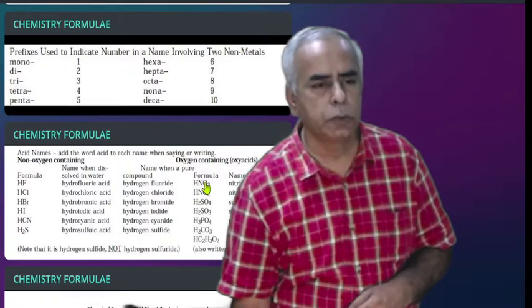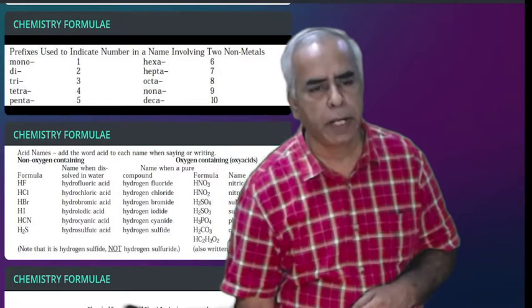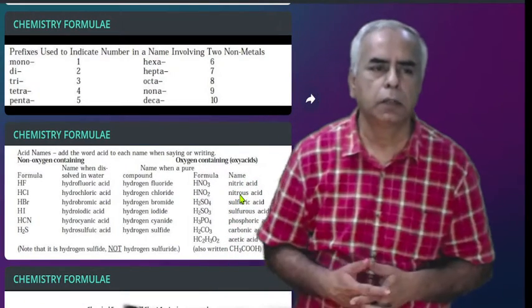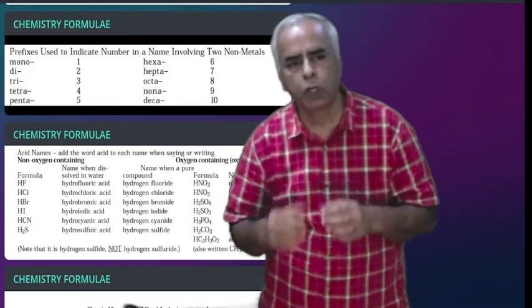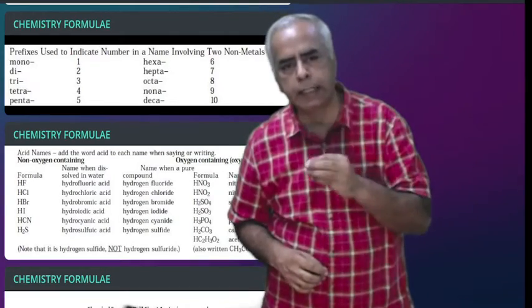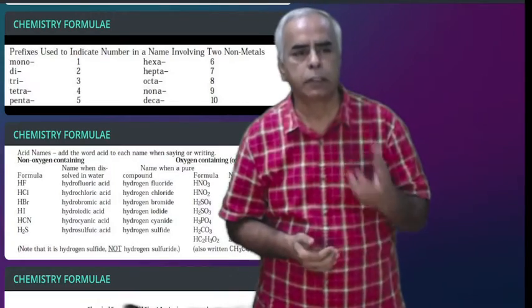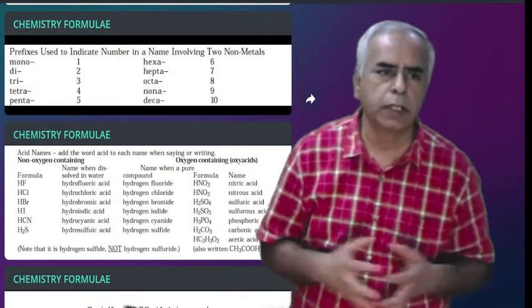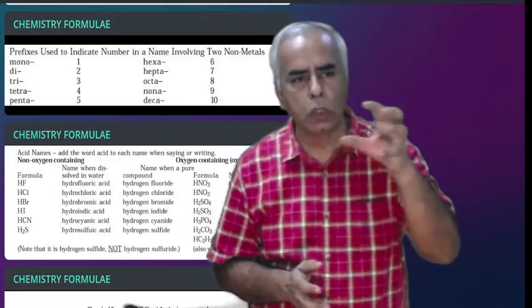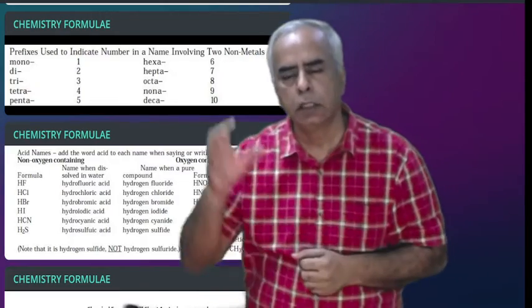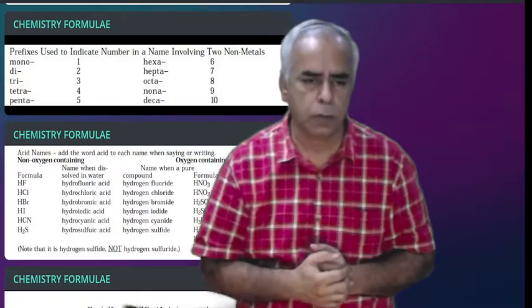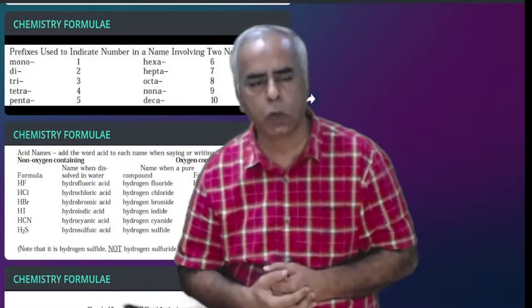Then we will try to obtain some names by combining a proton and the anions. Thereby we are able to get some acids. These acids can be classified into non-oxygen containing acids and oxygen containing acids, also called oxyacids.